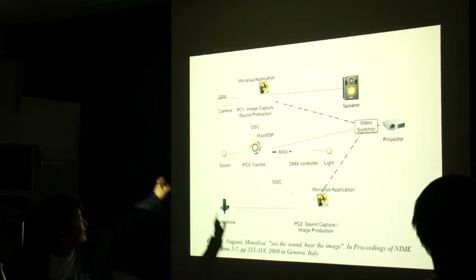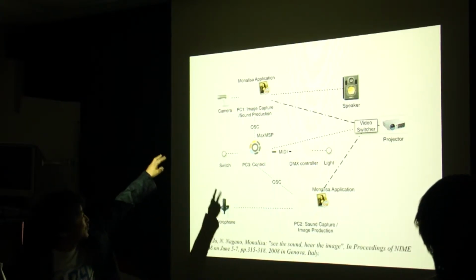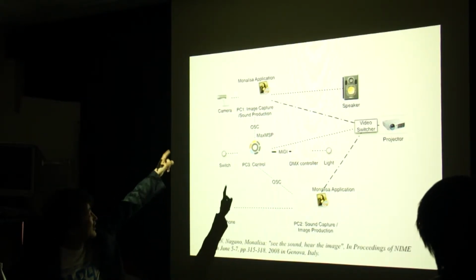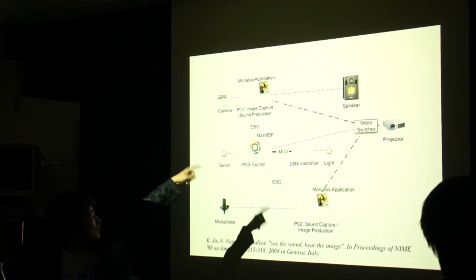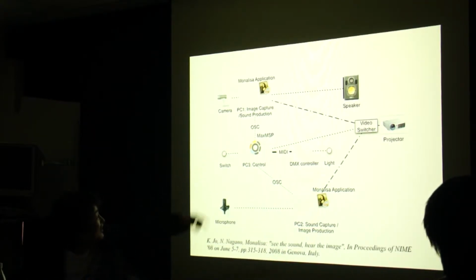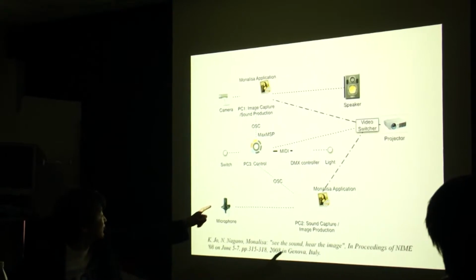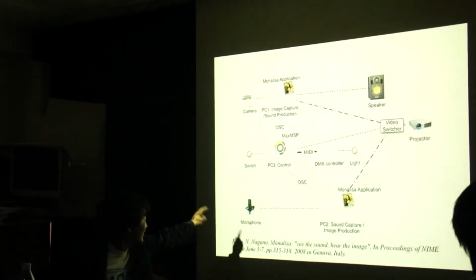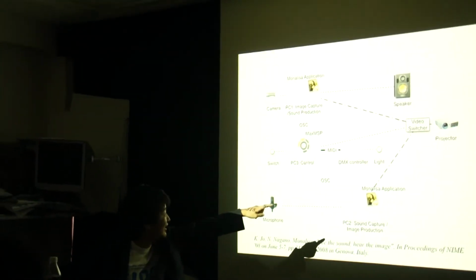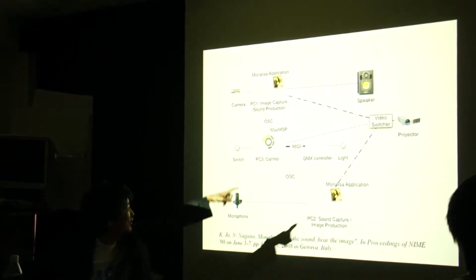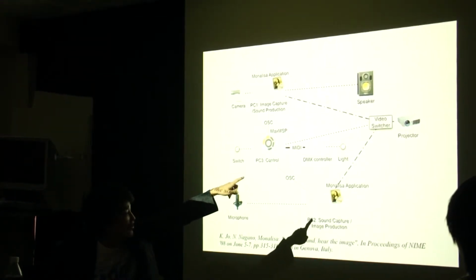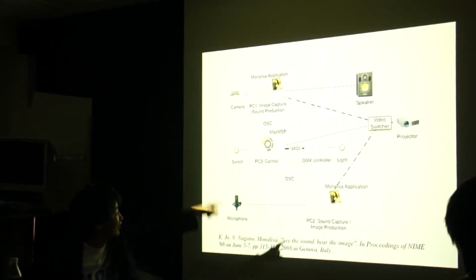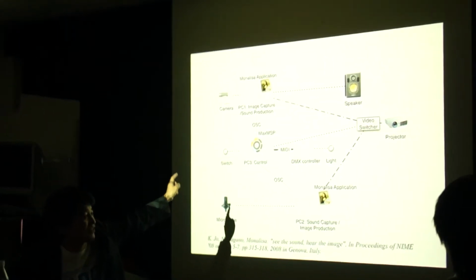So at first we catch the image with the camera, then convert the image to sound, and then produce the sound from the speaker, and then we catch the sound with the microphone, and we convert the sound to image through the projector, and we control the whole system with Max MSP.